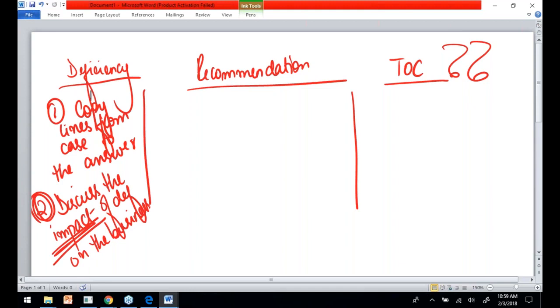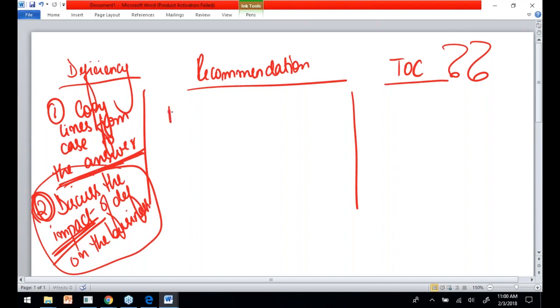You have to write a minimum of 2 lines in your answers when answering such questions. When you're writing down deficiencies, you have to copy the lines exactly, verbatim, word for word, from the case onto your answer. That's called identification. Then discuss the impact of the deficiency on the business.